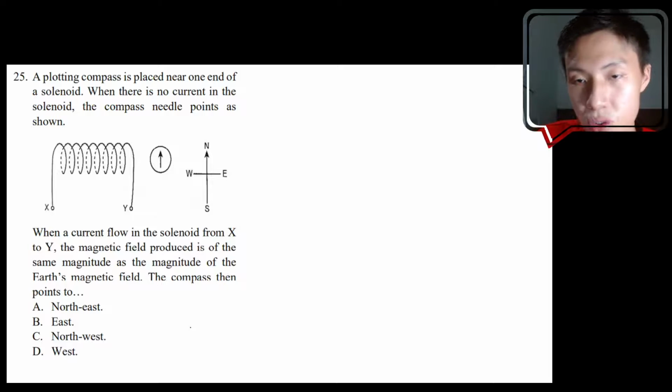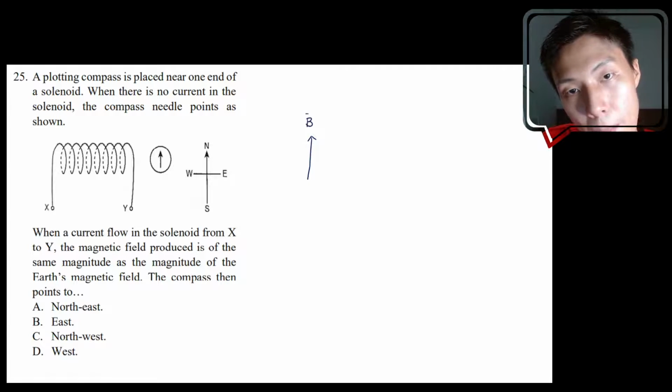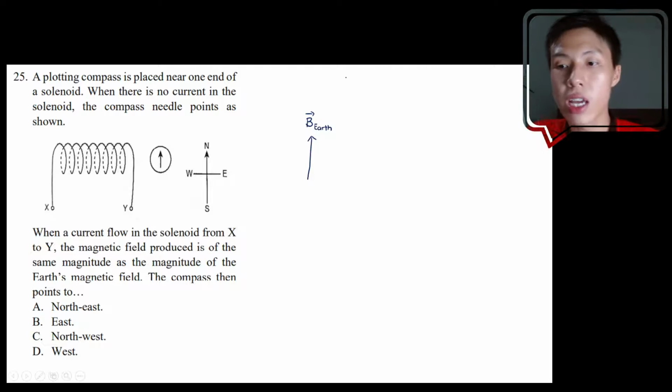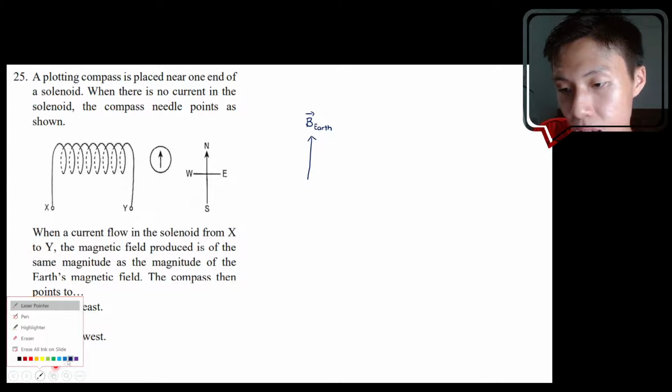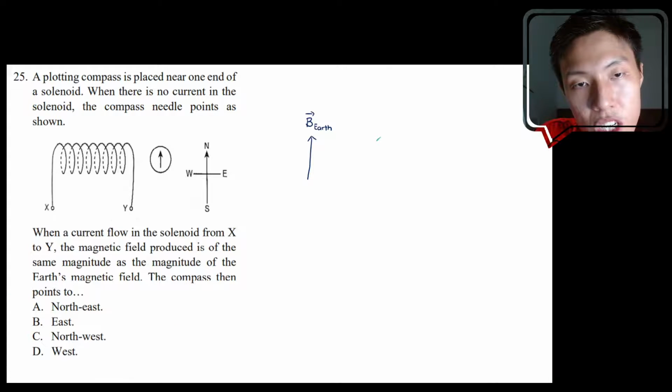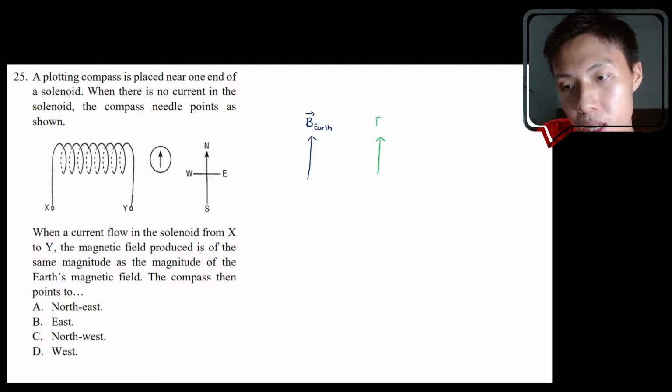Let me draw it here. The direction of the Earth's magnetic field. Now when a current flows in the solenoid from X to Y, you will have another magnetic field, which is the magnetic field produced by the solenoid, and it has the same magnitude as the Earth's magnetic field.